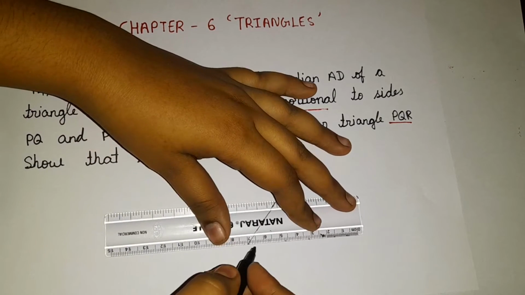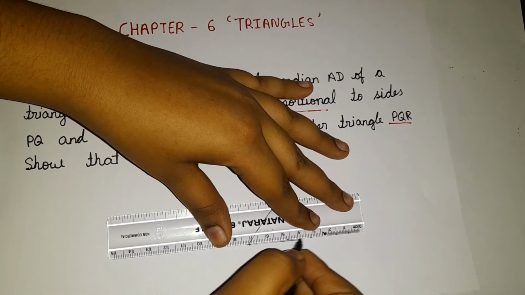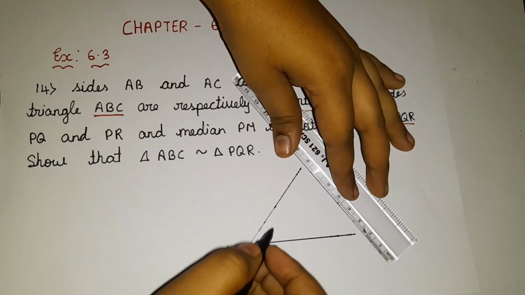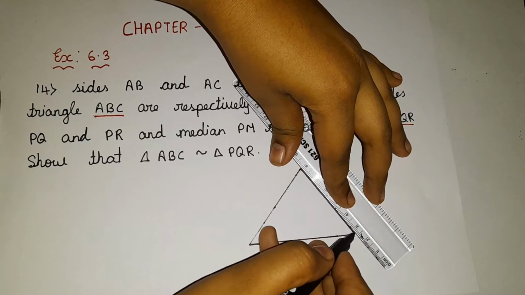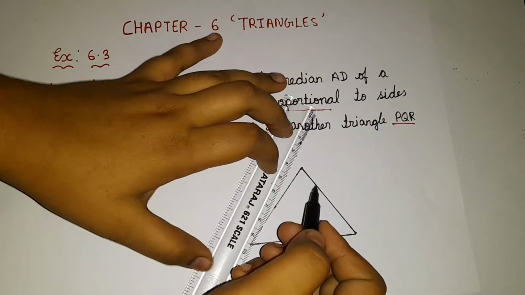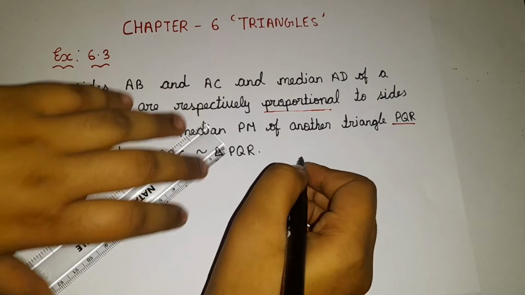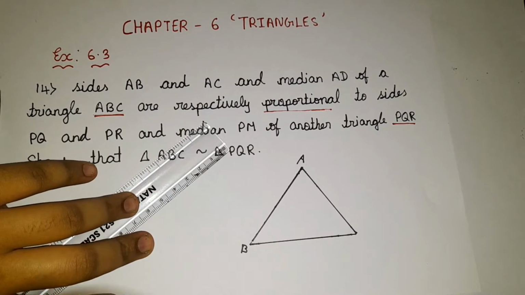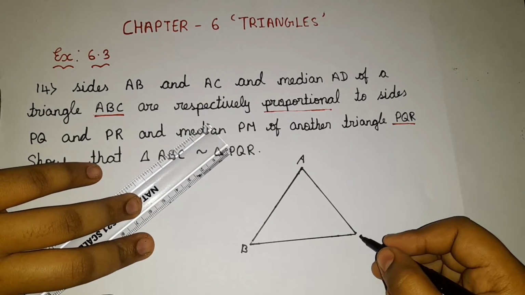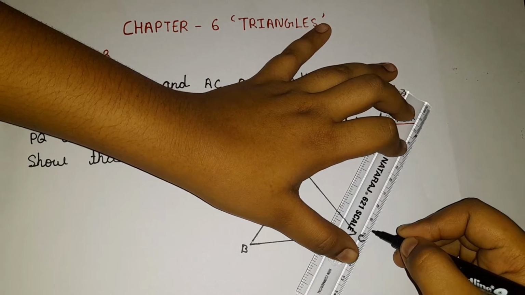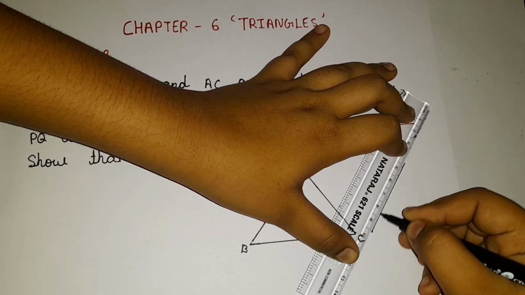So this is the first triangle, that is triangle ABC, and another triangle.